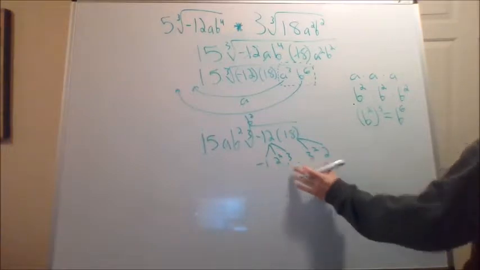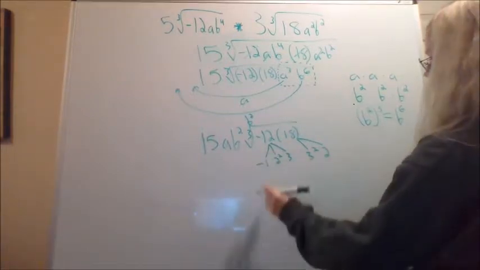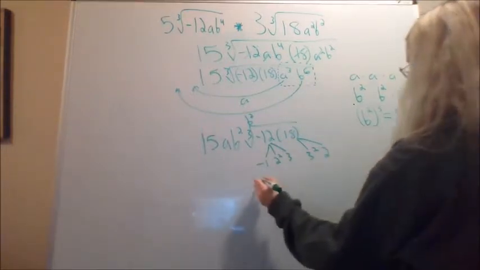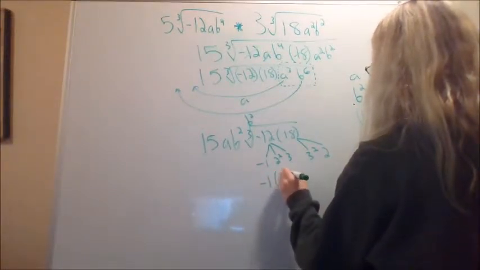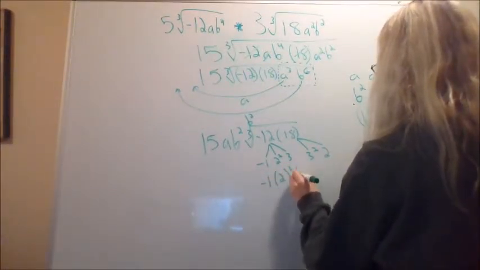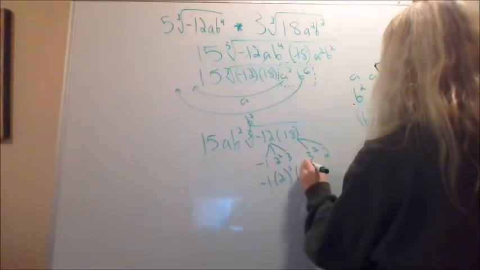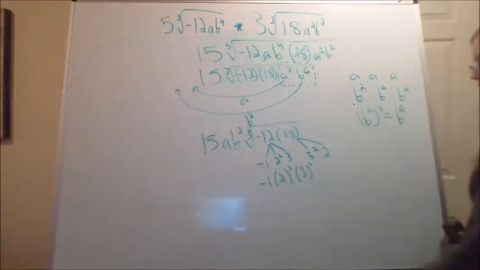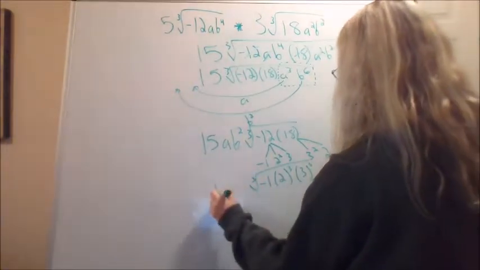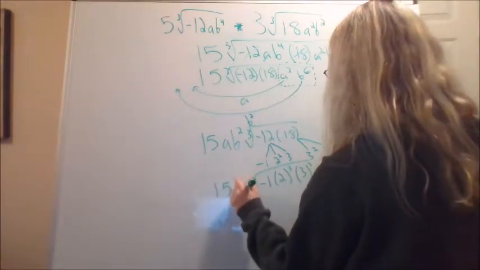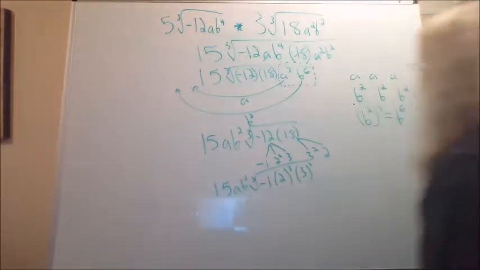So those are the same thing. And if we group these up, we get negative 1 times 2 to the third power times 3 to the third power. And that's all under the third root. Of course, we have 15ab squared outside here.